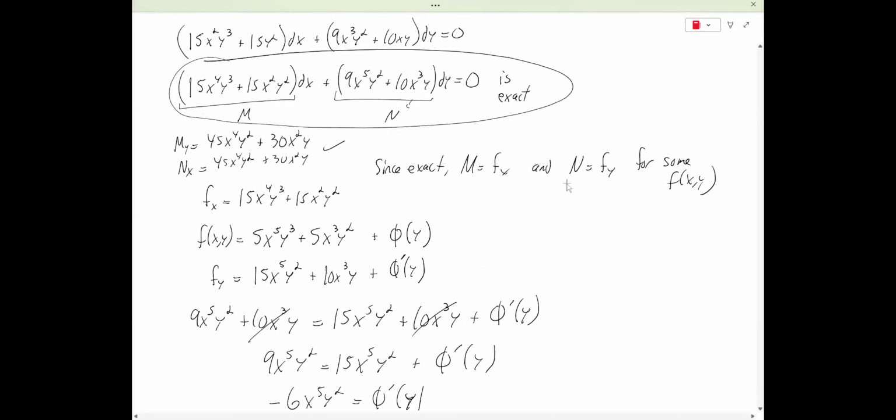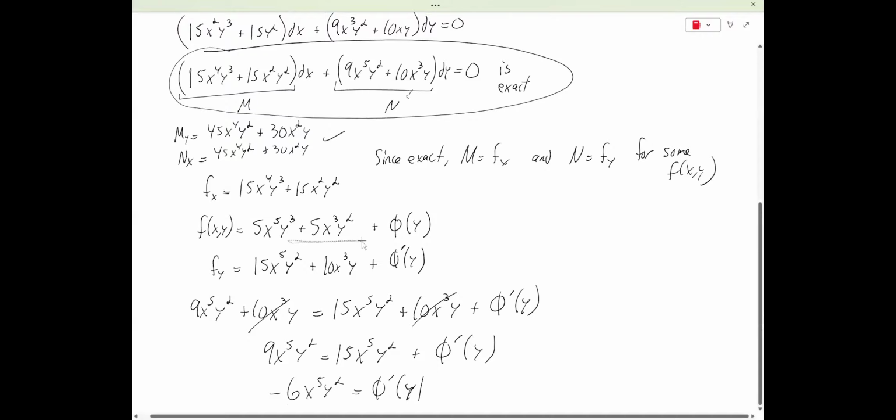Why didn't you just copy 9x to the y squared? Oh, did I? Wait, here? No, underneath your. Oh, okay, under here. So I took the partial here.